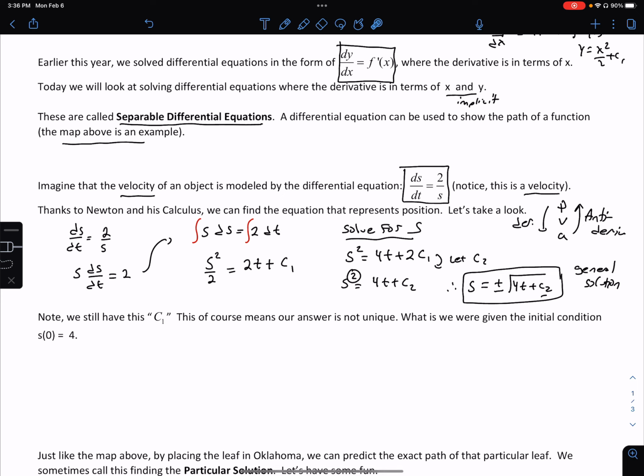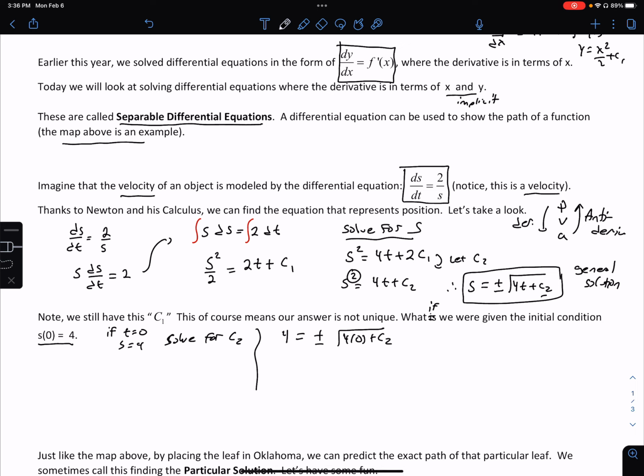But what if, whoops, can't spell today, what if we were given the initial condition 0, 4? Well, now they're saying if t equals 0 and s equals 4, I can now solve for c2. And that's easy to do. If I just plug them in, I get 4 equals plus or minus the square root of 4 times 0 plus c2.